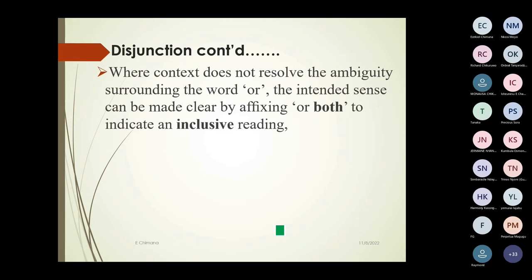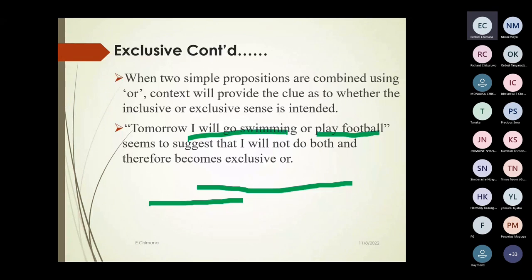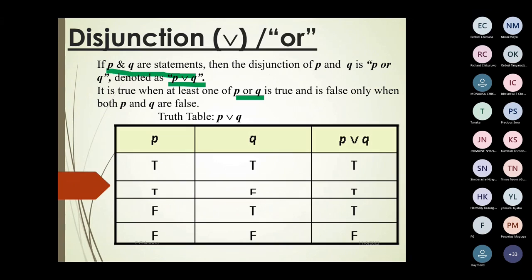So where context does not resolve the ambiguity surrounding the word or, the intended sense can be made clear by affixing "or both" to indicate an inclusive reading. So in other words, if there is no such context, you need to use this exclusive disjunction part.